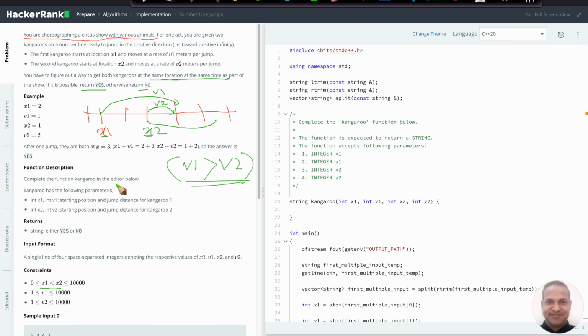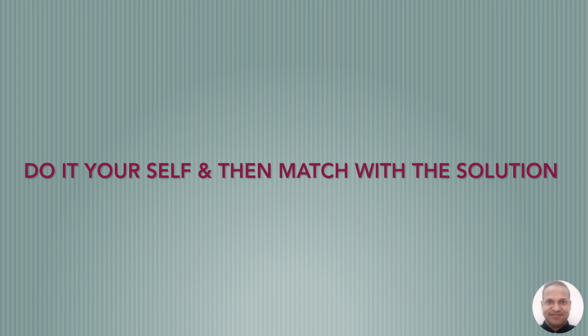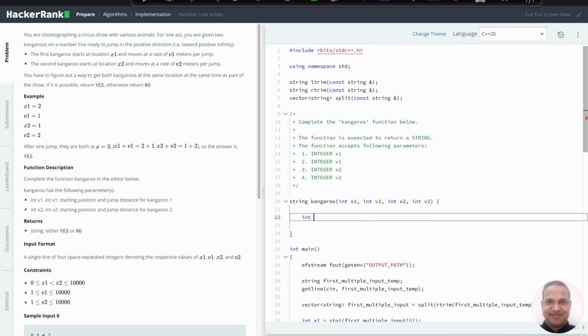Okay, fine. Then what exactly is it saying? Function description, we already know this: x1, v1, x2, v2. Let's start coding. I don't think it is a very difficult one. Let's declare two variables.